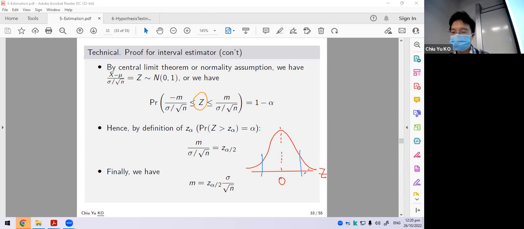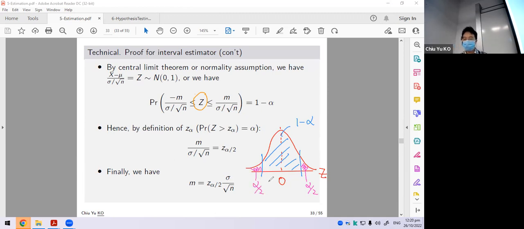It means this guy is 1 minus alpha, and because Z is symmetric, this is just alpha over 2, and this is just alpha over 2.